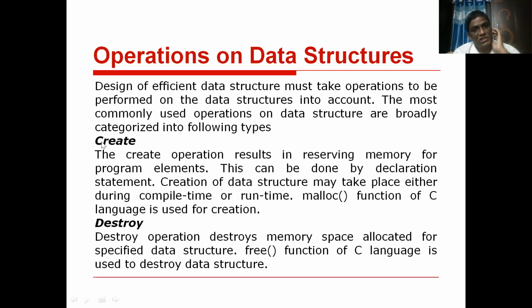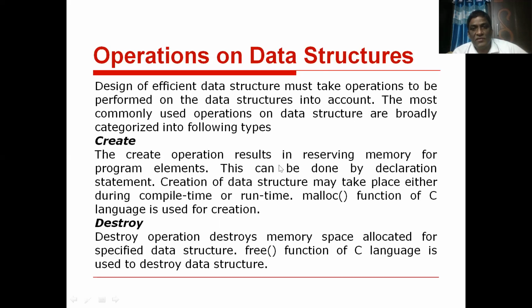The first operation is create. The primary operation that should be provided for any data structure is to create the data structure either statically or dynamically. For example, if you create a static array by using int a[10], that means it's a compile time creation.